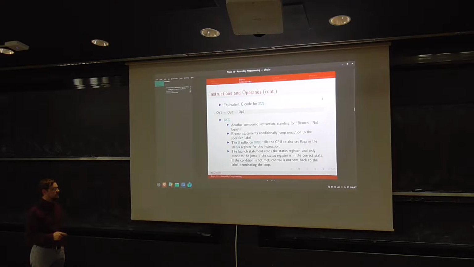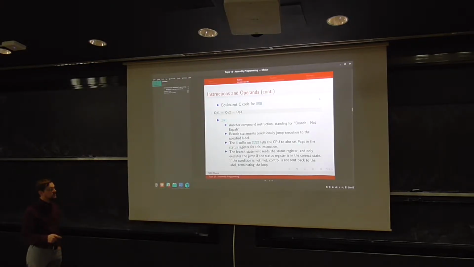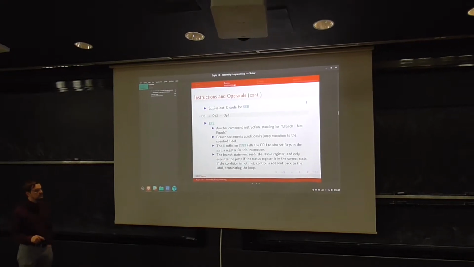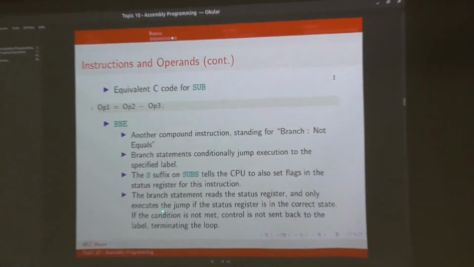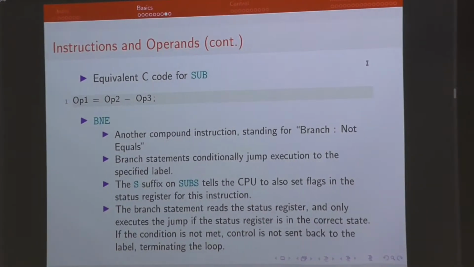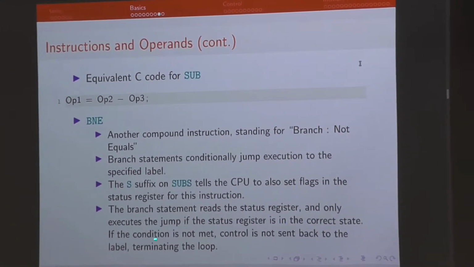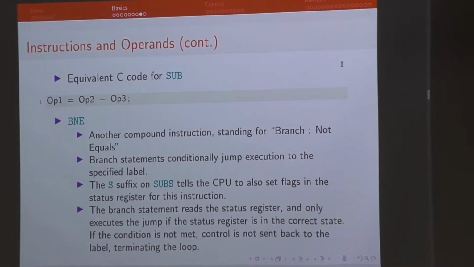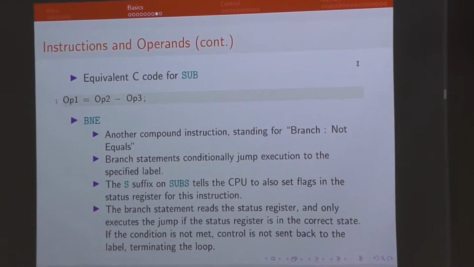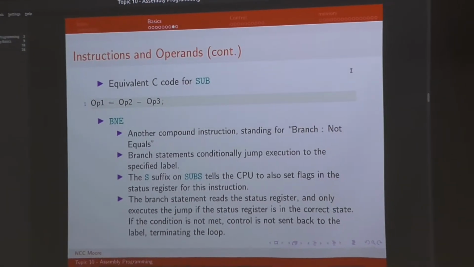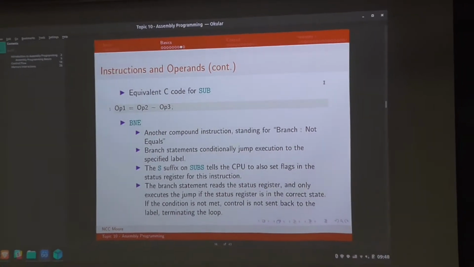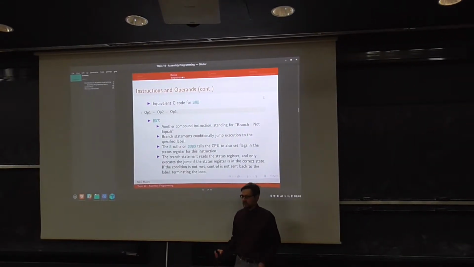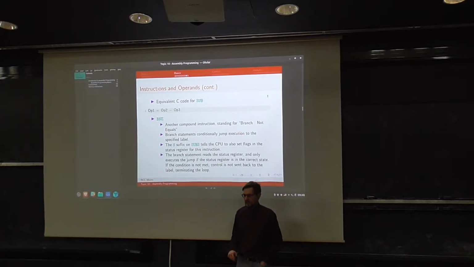The S suffix on subS tells the CPU to also set flags in the status register for the instruction. The branch statement reads the status register and only executes the jump if the status register is in the correct state. If the condition is not met, control is not sent back to the label, terminating the loop. So this is why do-whiles are more directly interpretable in terms of assembly programming than a regular while loop where you're testing the condition up front.